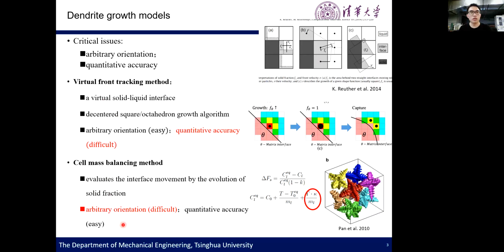However, due to the anisotropy of the cubic cells, it is hard to achieve arbitrary orientations. Some researchers adopt an orientation-weighted curvature calculation algorithm to achieve arbitrary orientation. This means in their algorithm they need a very sophisticated curvature calculation, which is usually sensitive to the cell size and the solidification condition.